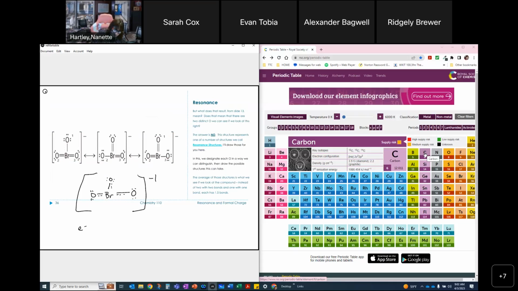So electrons can exist in more than one place. All places are equivalent. Okay, so that's what that means. We have questions about resonance.